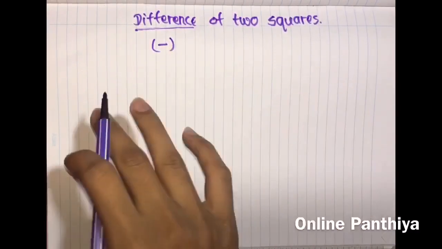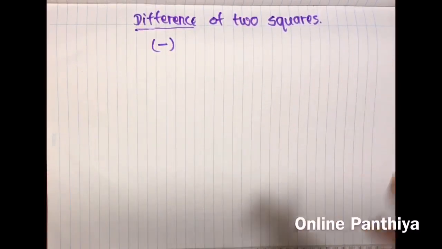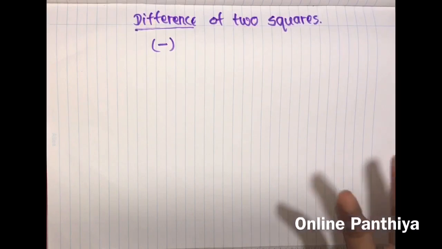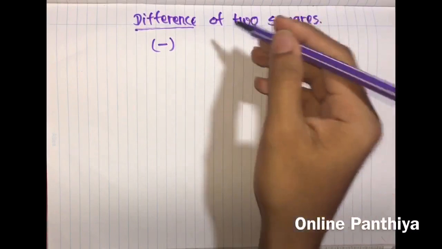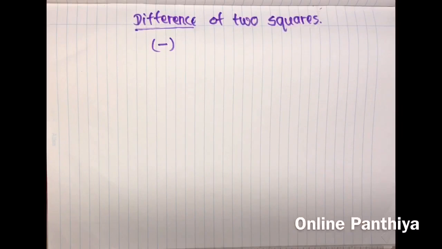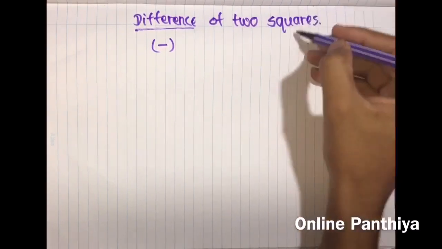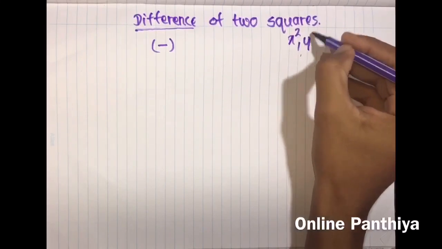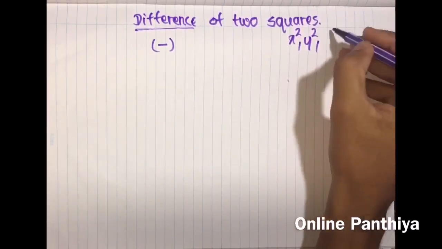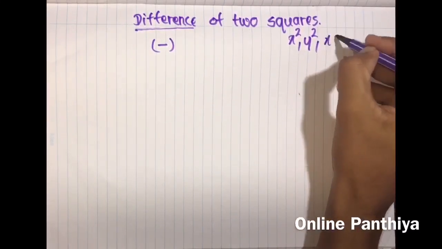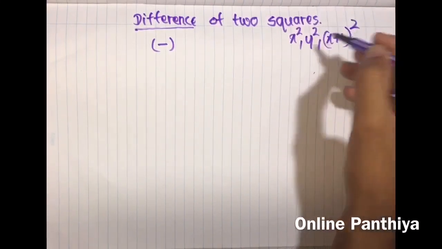Difference of two squares. Now what do you mean by squares? Squares means square of a number, maybe x squared or y squared. Maybe x plus 1, the whole thing squared, whatever.